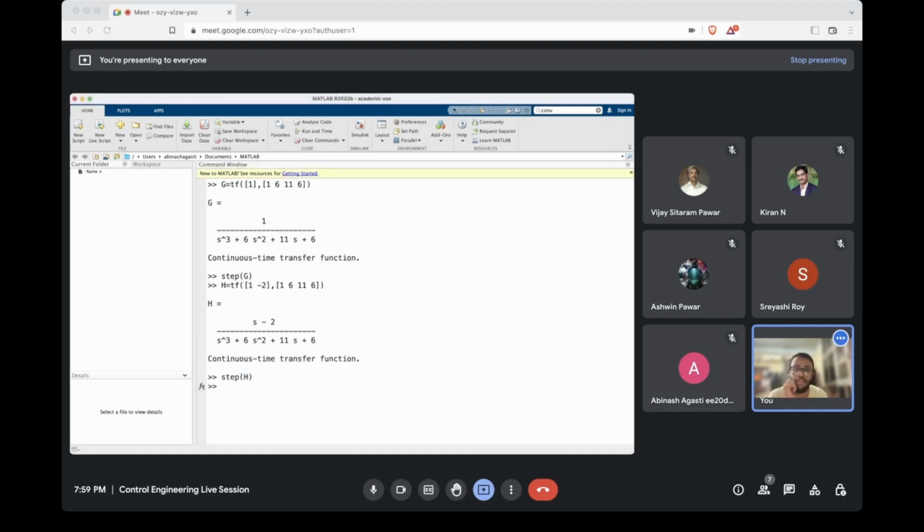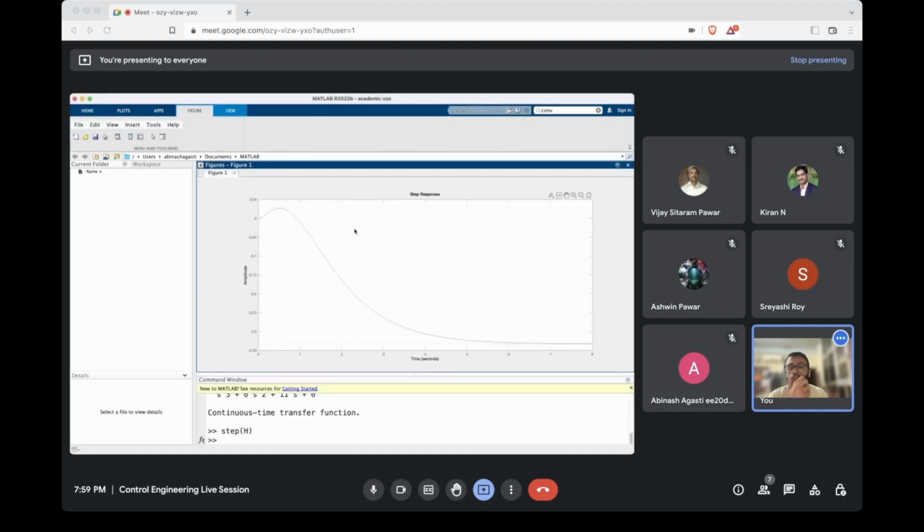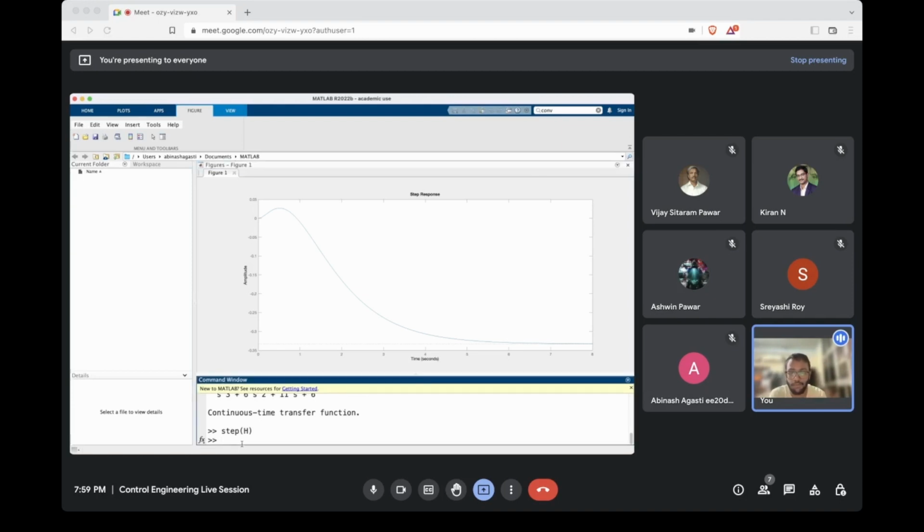Now you can see, due to what we discussed, we'll have x dot of t minus 2 into x of t. Due to that, the steady state will settle at some negative value, which you can calculate is 0.33 from the final value theorem. But we will have some overshoot due to that initial x dot of t, and then this will come down and settle to its steady state value.